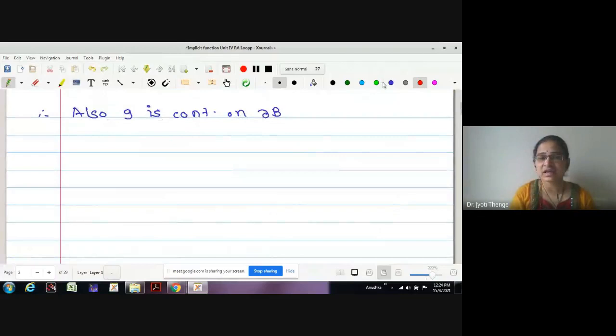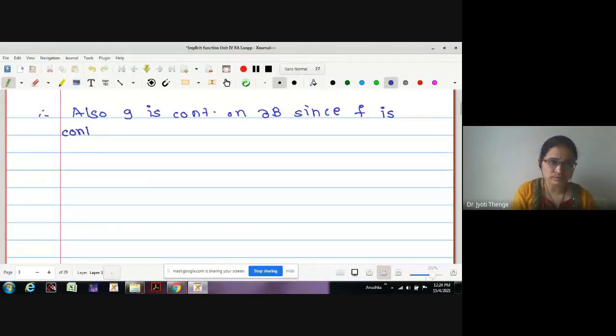Therefore, here we can claim that g is continuous on dou B, since f is continuous on B bar. Continuous on B bar means it is continuous on dou B as well. Is everyone getting me?